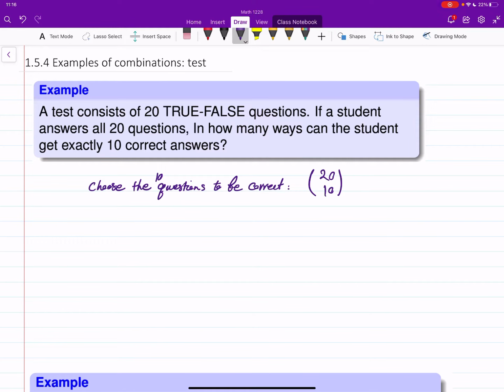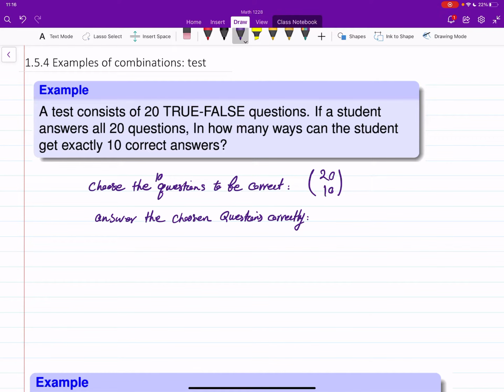Now that you've chosen that, all these questions have only one correct answer, yes? So there's only one way to answer those 10 questions, so answer the chosen questions correctly.